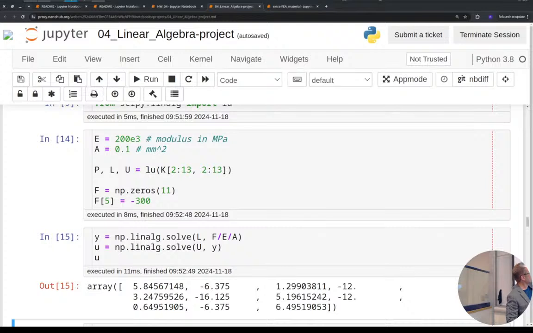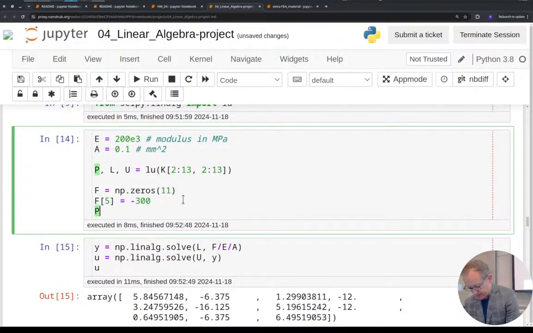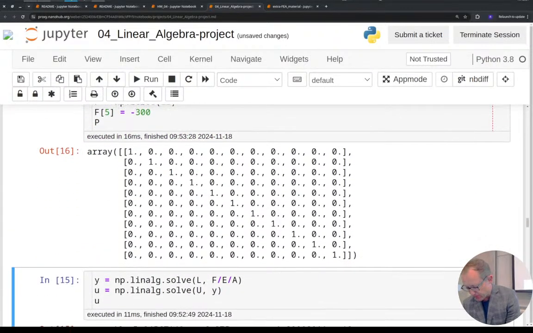And so here I'm splitting up into P, L, and U, and then solving. One thing I didn't do was add that pivot matrix, but it's because I've seen it before, and it's the identity matrix, because this is pretty well behaved, and we don't have to worry about dividing by 0 in our Gauss elimination process.